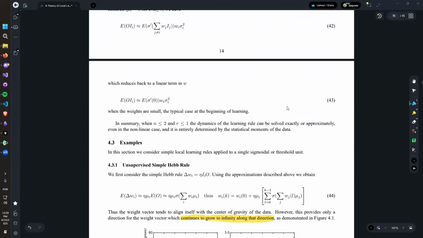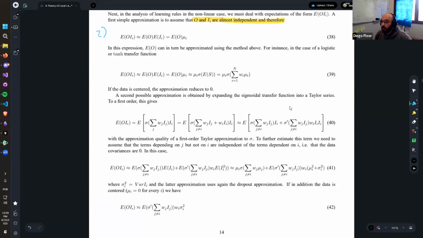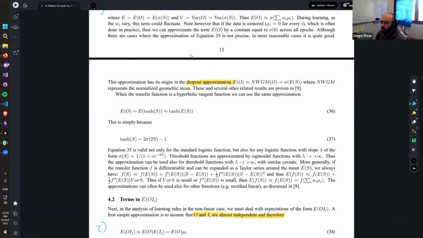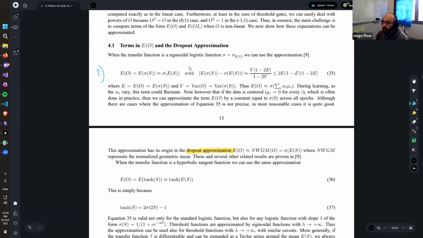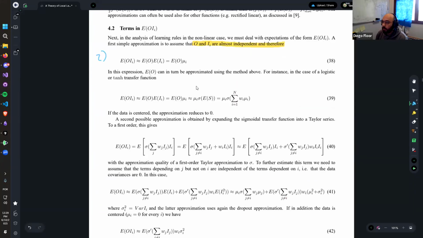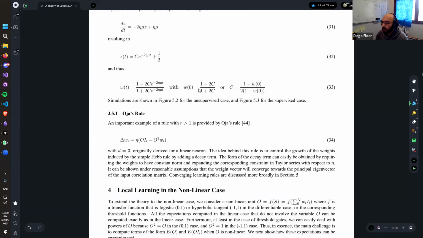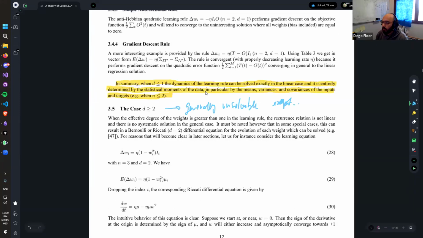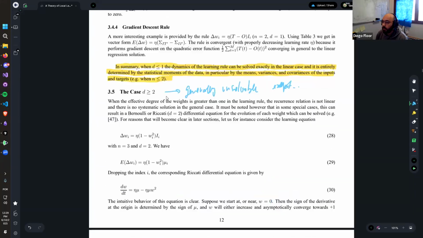Right. So we started with just degree 1 or smaller than 1. But for degrees bigger than or equal to 2, it's now no longer solvable analytically.